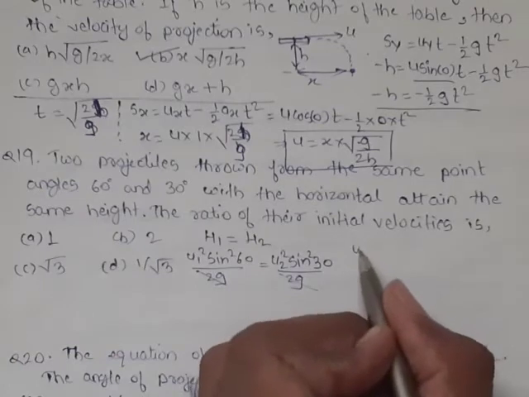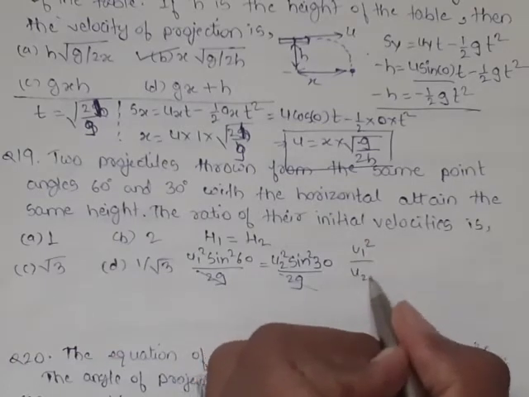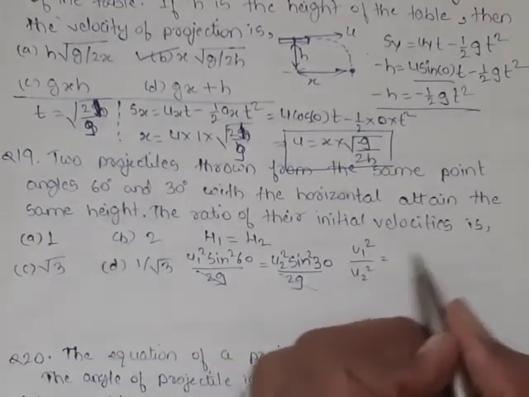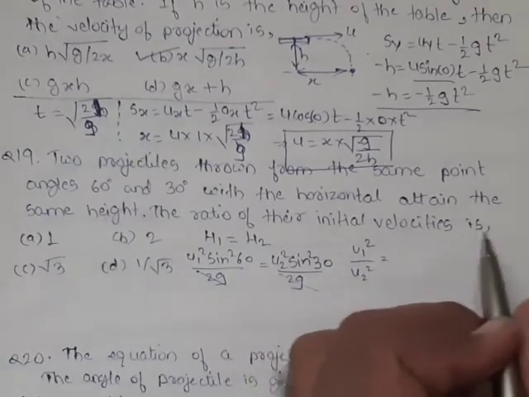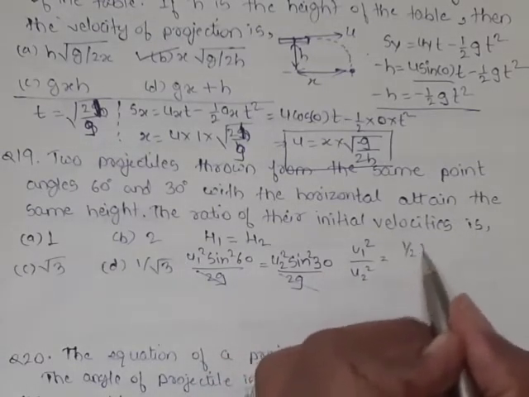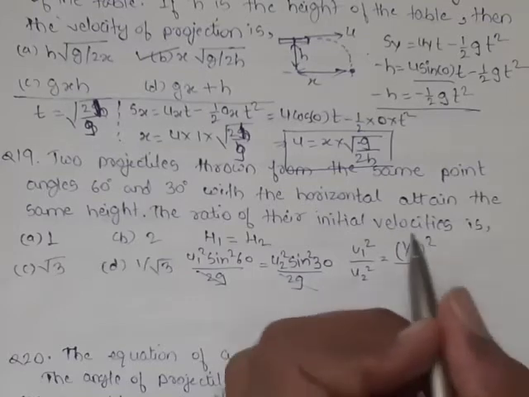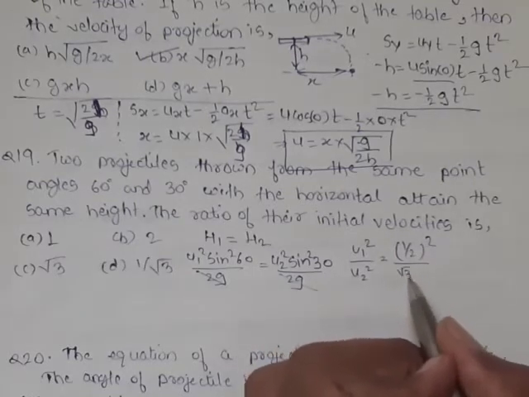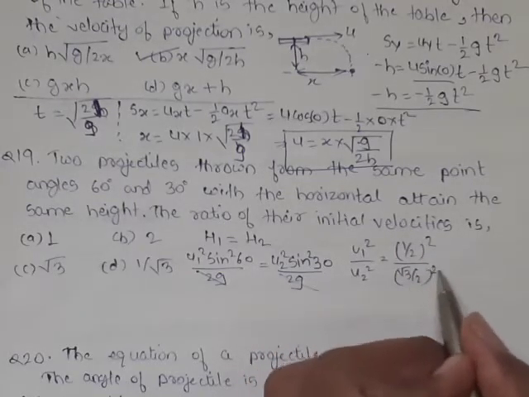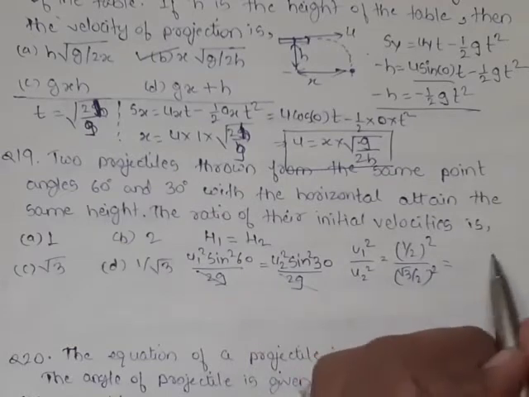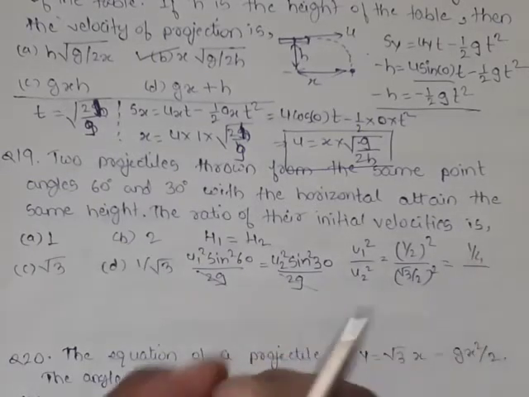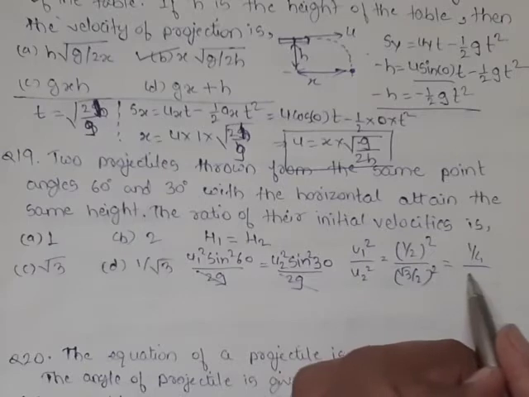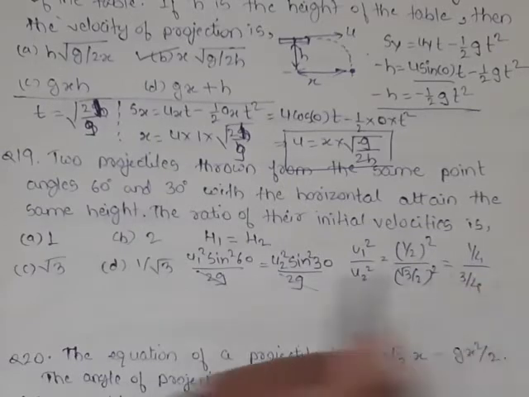Finally we'll write u1 square upon u2 square is equal to, what is sine 30? 1/2, its square. What is sine 60? Root 3 by 2, its square. So 1/2 square is nothing but 1 upon 4, and root 3 by 2 square is nothing but 3 upon 4.